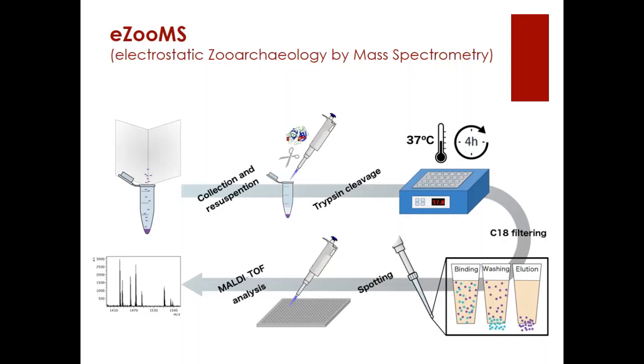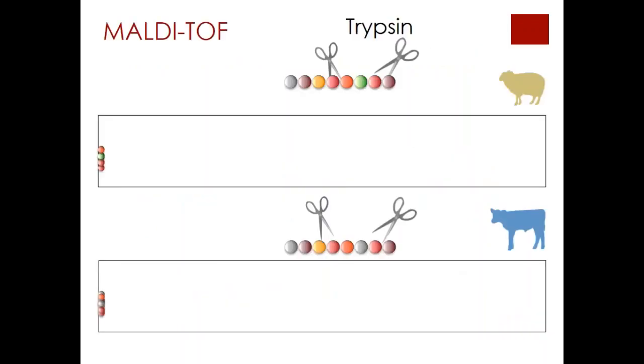So the analysis that we use is called MALDI-TOF. It's a very long name, but the important bit is the TOF, which is time of flight. And this is the basis of that kind of analysis. So a mass spectrometer is quite big. It's bigger than this table. But essentially, it's empty. Inside is a long tube, and it's a vacuum.